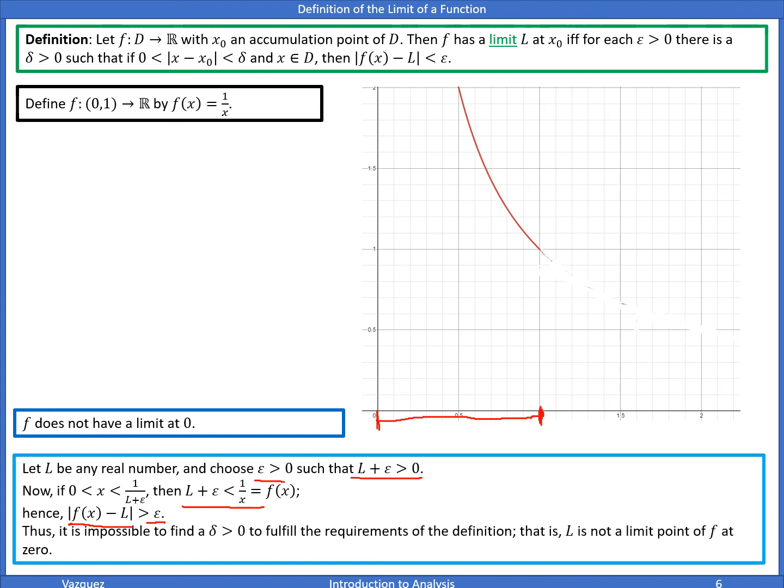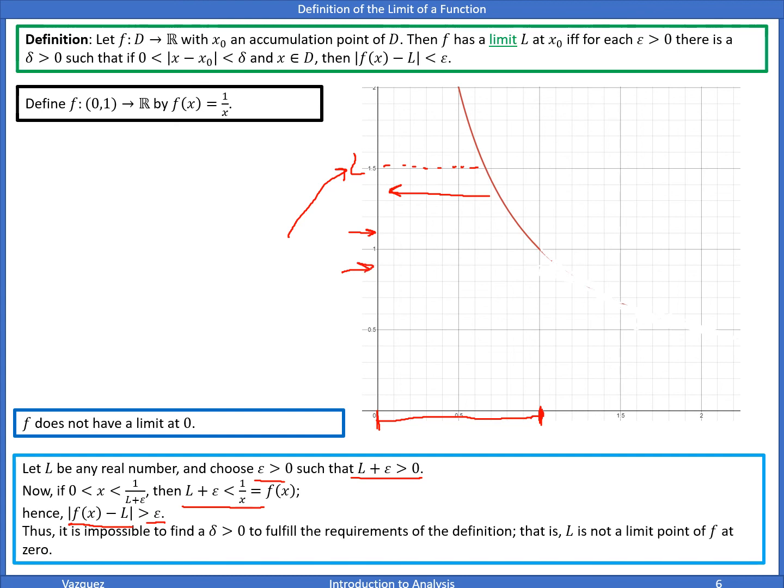Right, so f does not have a limit at 0, because wherever you think L's the limit, the closer we get to 0, the more wild it's going to get, but the difference between one f of x and the other will increase, right?